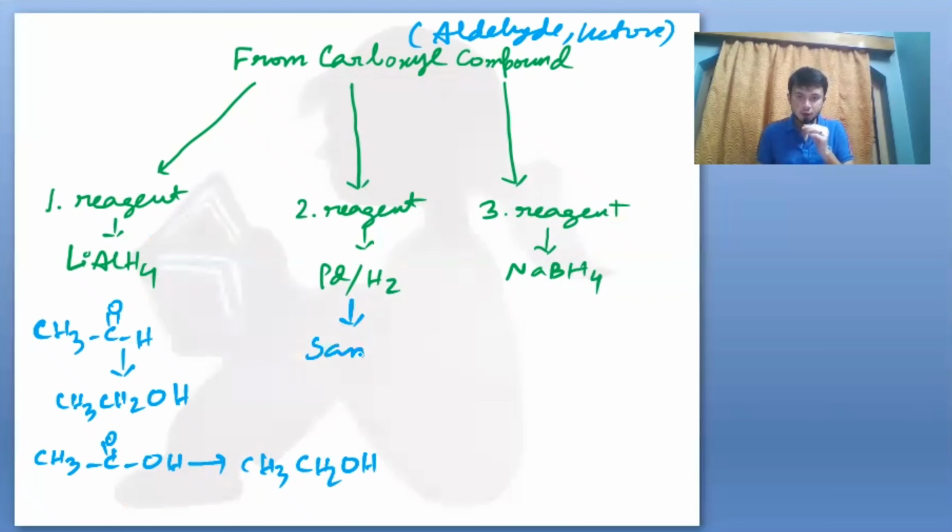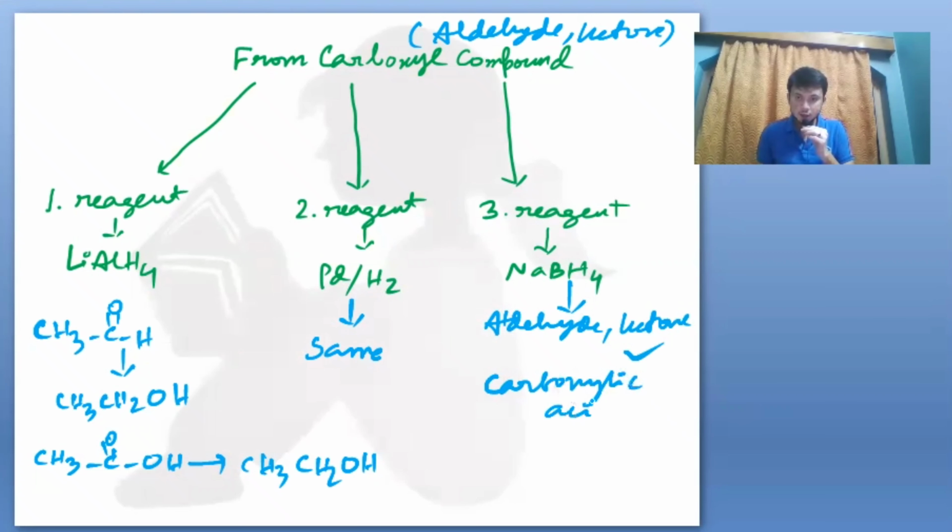Okay, so I'm writing it here the same, but in case of NaBH4, it converts our aldehyde and ketone into what? Alcohol. But in case of our carboxylic acid, it doesn't convert it into alcohol.